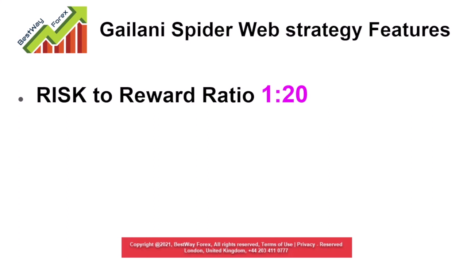That is a huge number, an amazing number. It means that for each dollar you risk losing, you make $20. I know you won't believe that right now, but once you have seen all the details, you will believe it is true. That is the reality, and that is the main feature of the Gailani spider web strategy.